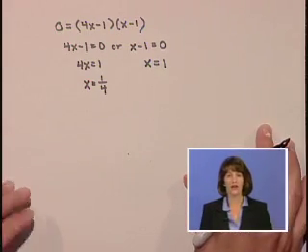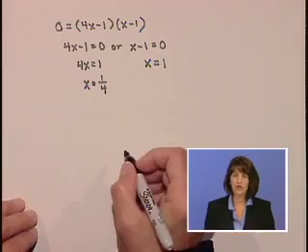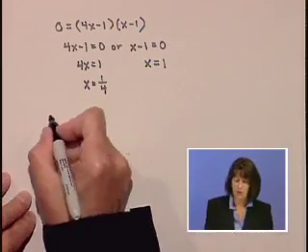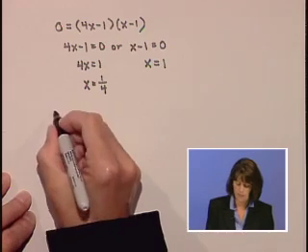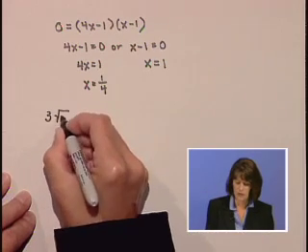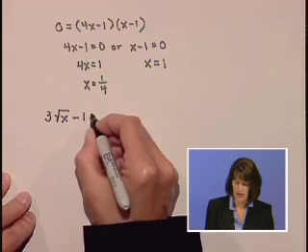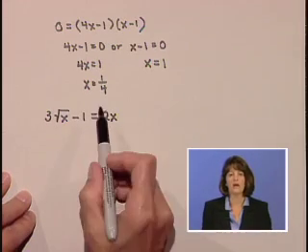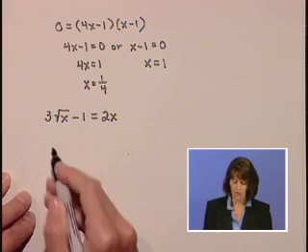Let's remember to check our solutions and ensure that we haven't produced any extraneous solutions. We always want to check them in the original equation, which was 3 times the square root of x minus 1 is equal to 2x. Let's begin by checking that x equal 1/4.